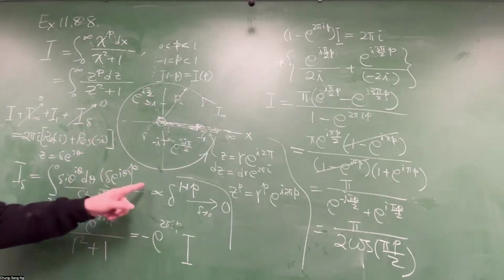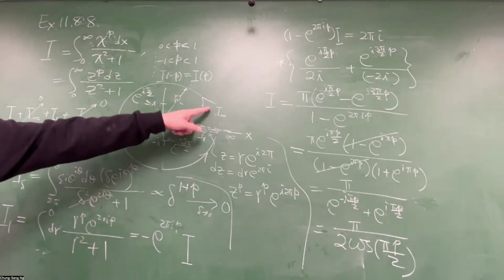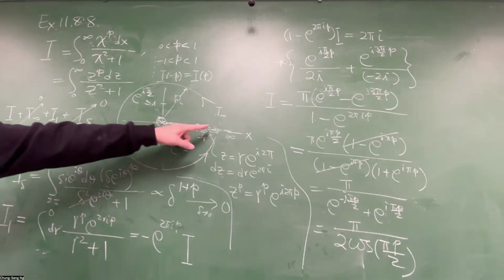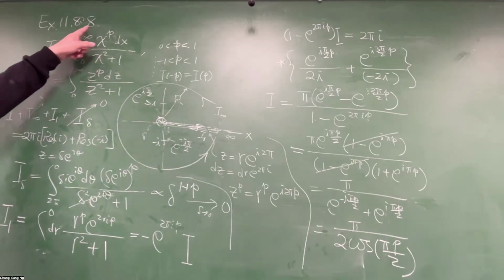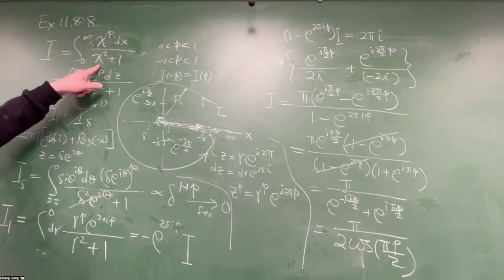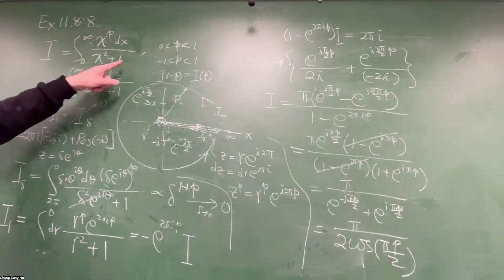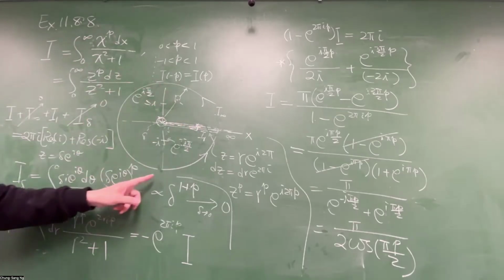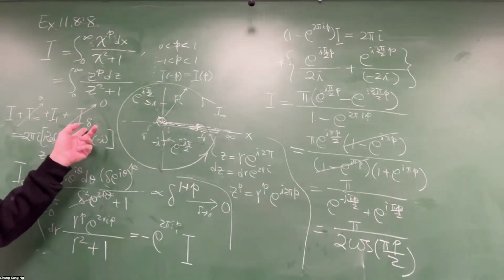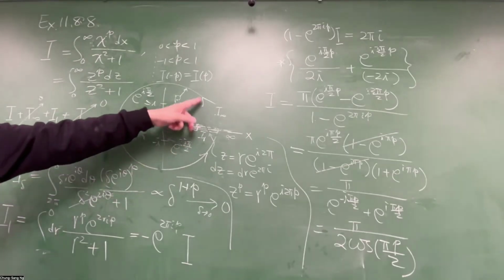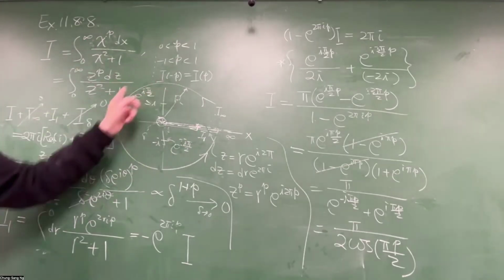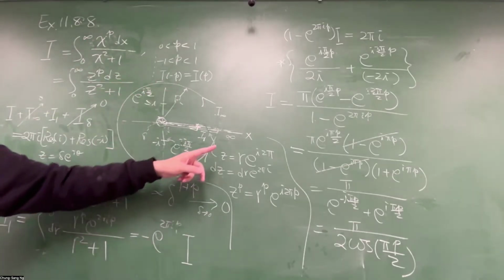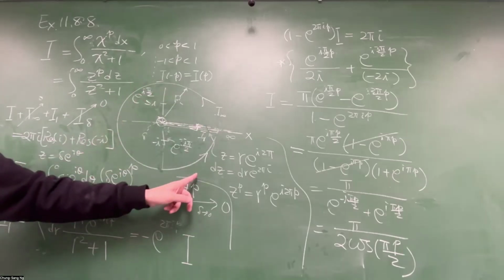This large circle, we don't actually need to evaluate that. We just need to argue that because the integral falls off fast enough along the path it is 0. We made the estimation before: for the general case, as long as f falls off faster than 1 over x, the contribution from this large circle is 0.